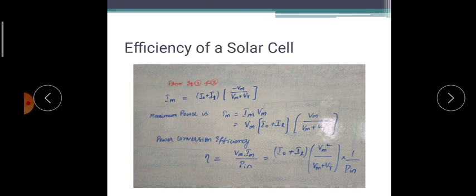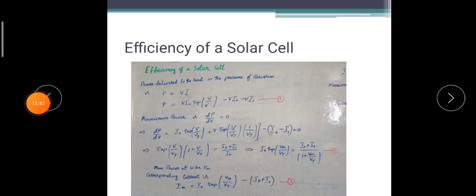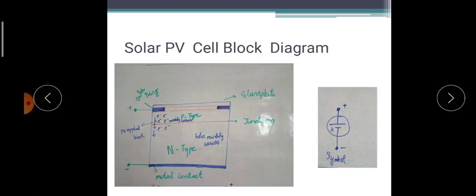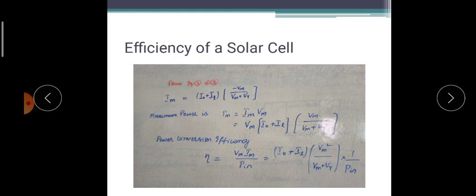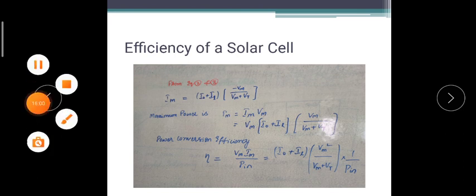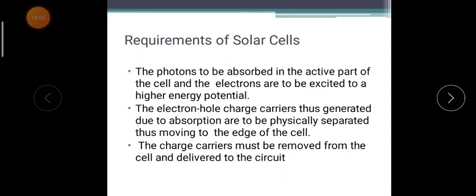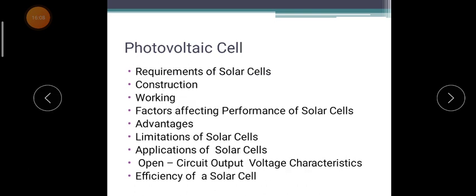Apart from this, we have certain applications of solar cells. Solar cells are portable, and don't require any maintenance.